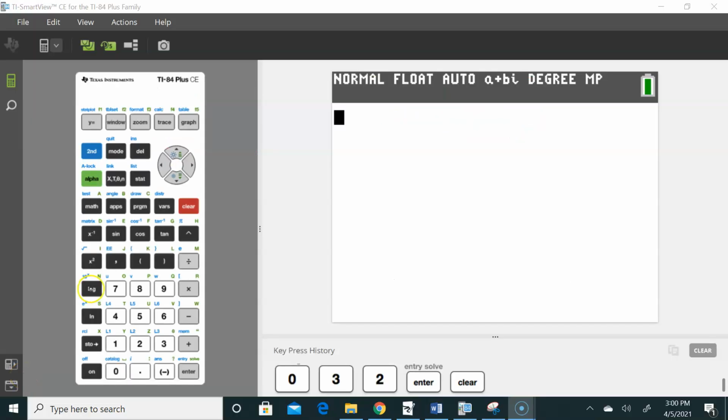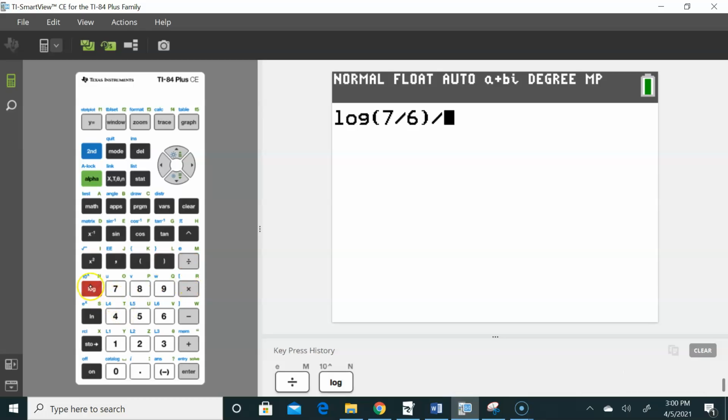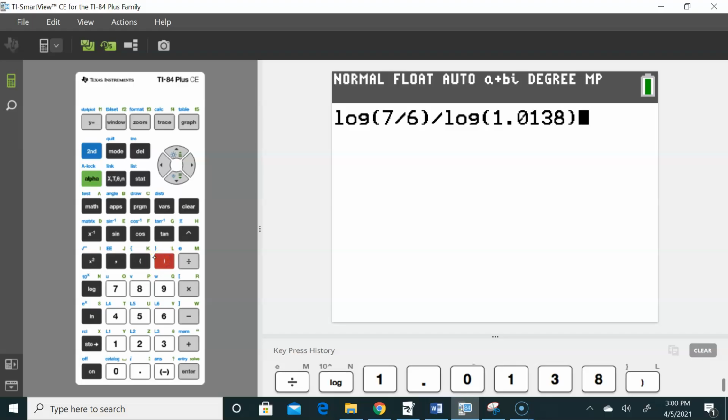Okay, I'm going to type this in the calculator because I let the calculator do all the hard work for me. Log of 7 over 6, then divided by log of that decimal. See, this is all the hard work. I don't have to figure all these out. I don't have to do it in pieces. And I get there and it's 11.25 years.